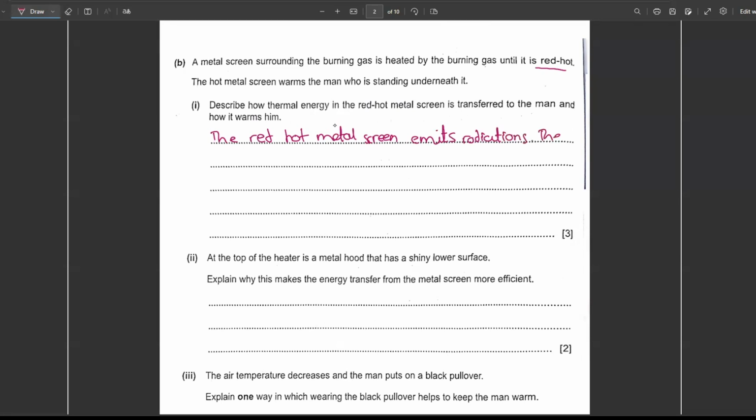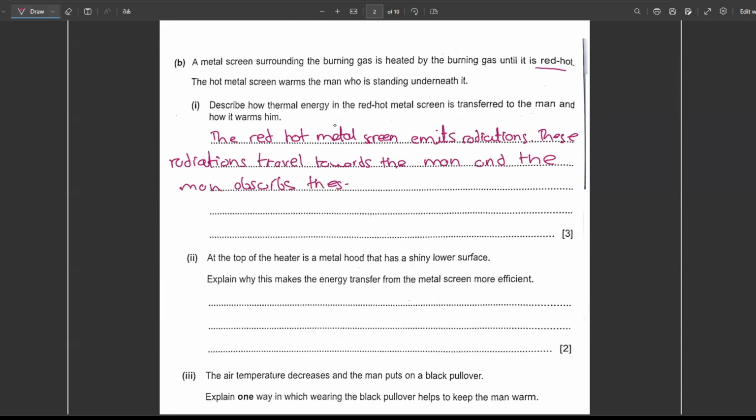These radiations travel towards the man, and the man absorbs these radiations.